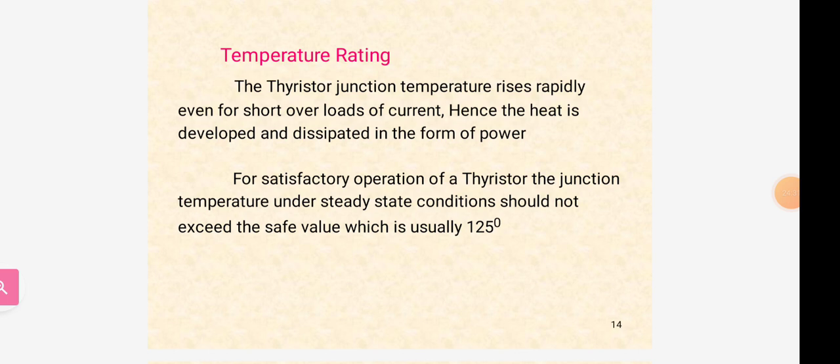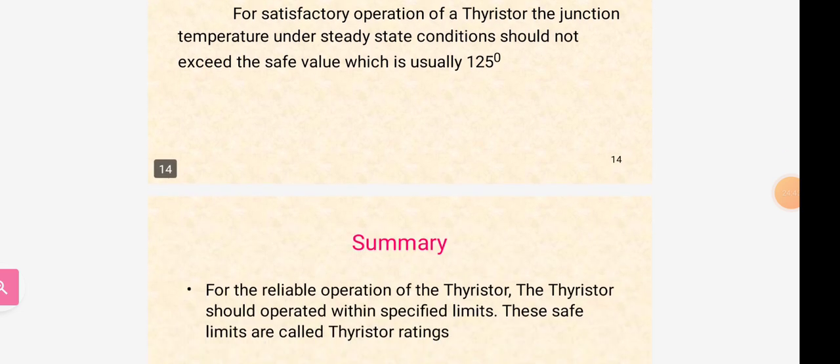For satisfactory operation of a thyristor, the junction temperature under steady state condition should not exceed the safe value, which is usually 125 degrees.